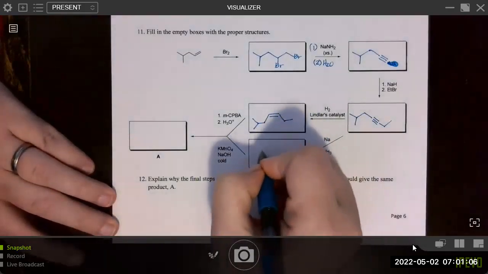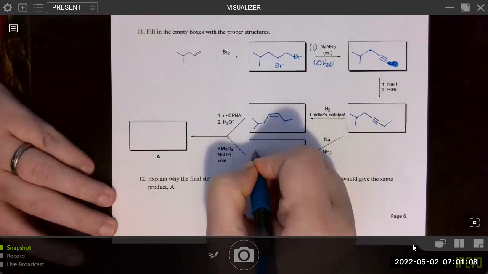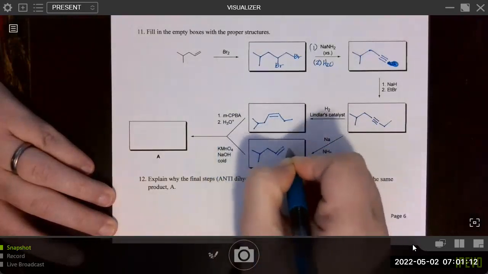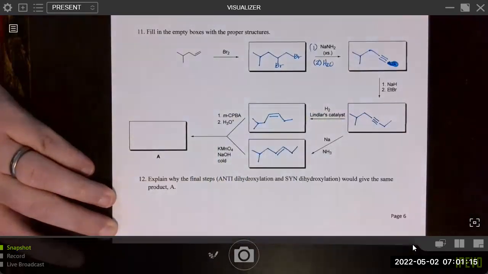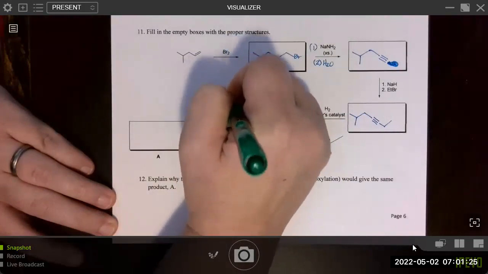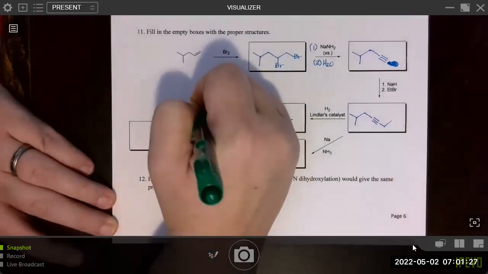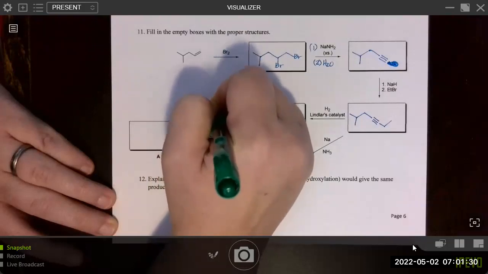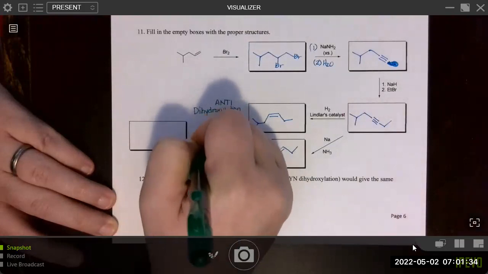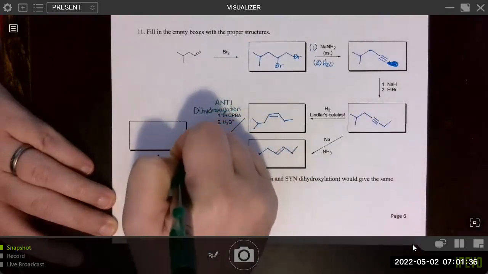And this would have given a trans alkene. A little easier to draw. And then, so notice that these conditions do anti-dihydroxylation. Right? And these conditions do syn dihydroxylation.